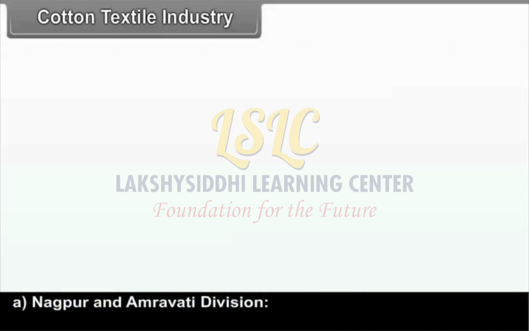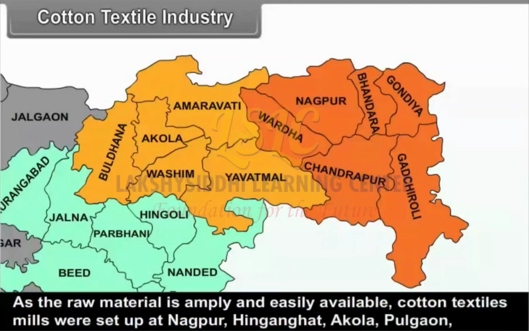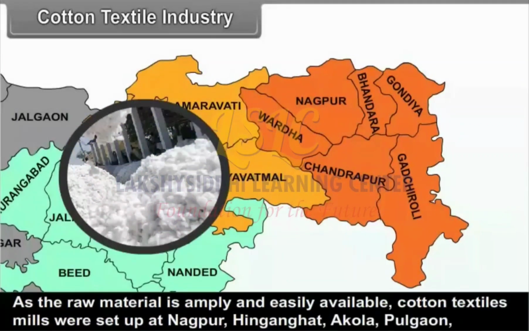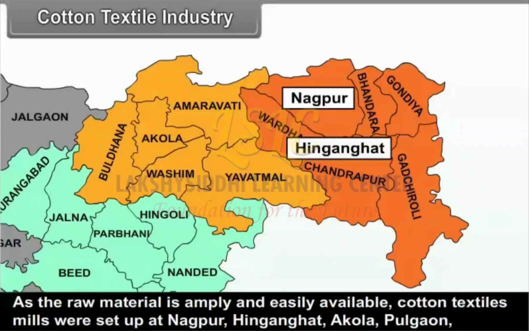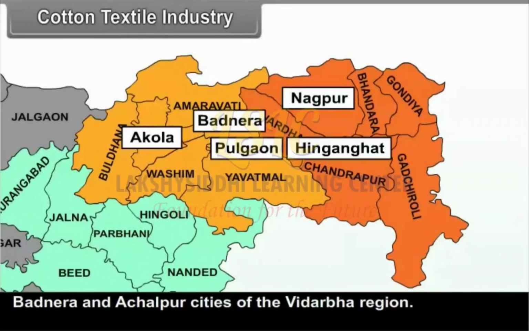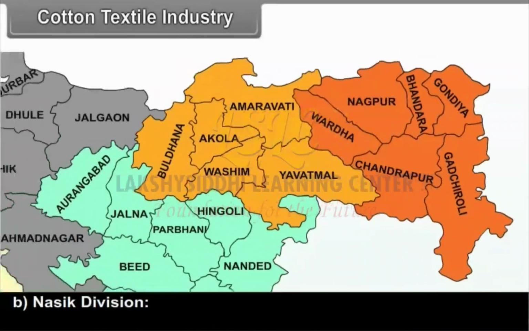Distribution of cotton textile industry. A. Nagpur and Amravati division. As the raw material is amply and easily available, cotton textile mills were set up at Nagpur, Hinganghat, Akola, Pulgaon, Badnera and Achalpur cities of the Vidarbha region.